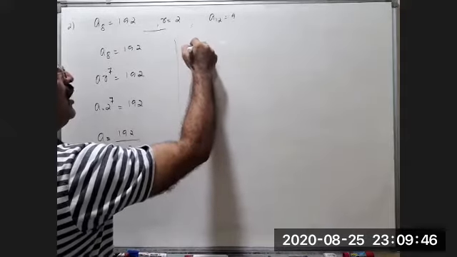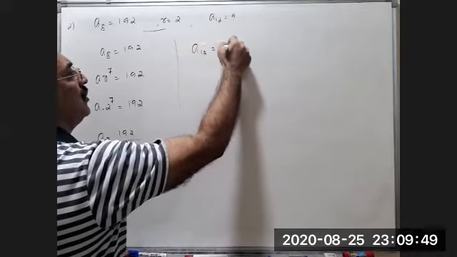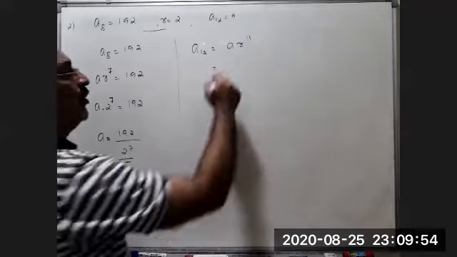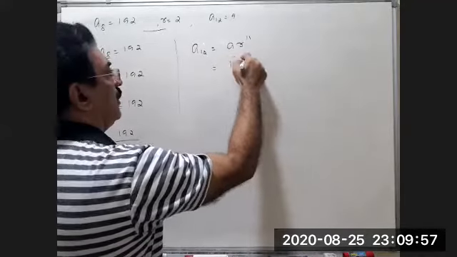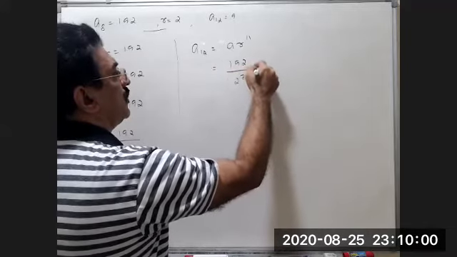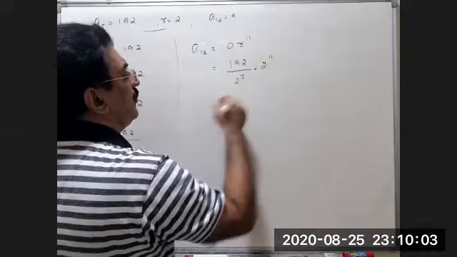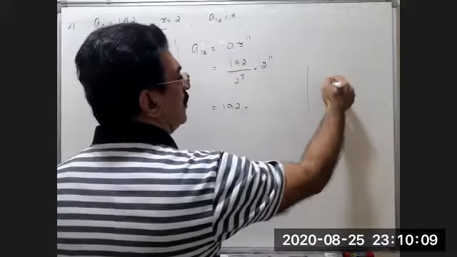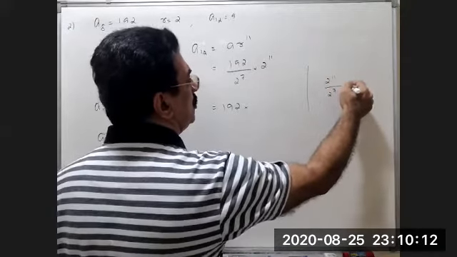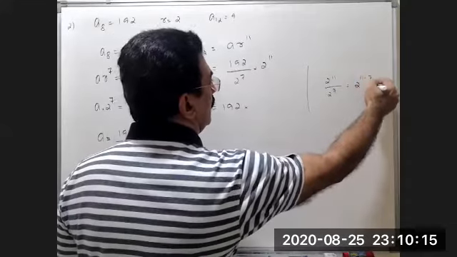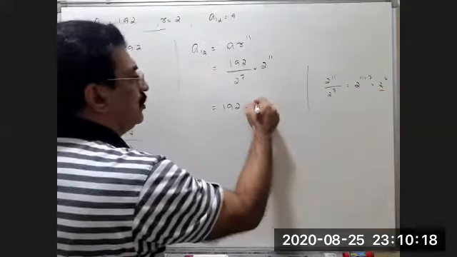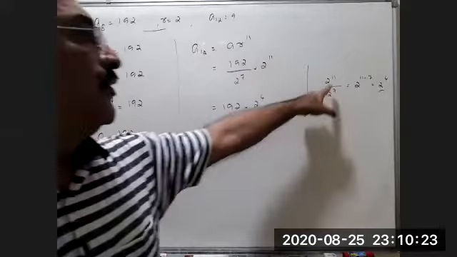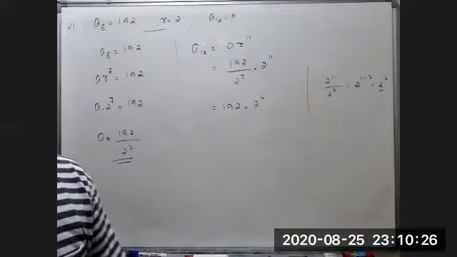Now our aim is to get A12, which is A R raised to 11. A is 192 by 2 raised to 7, and R is 2 raised to 11. 2 raised to 11 by 2 raised to 7 is 2 raised to 11 minus 7, which is 2 raised to 4.